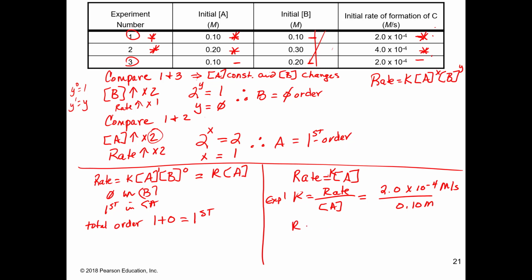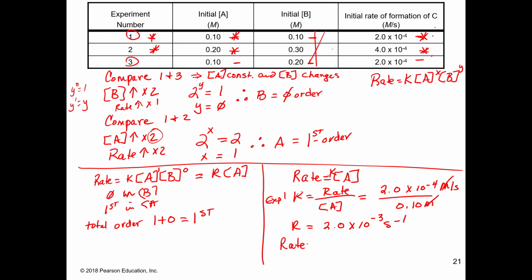So K is equal to 2 times 10 to the minus third second minus 1, because those molarities canceled. And remember, 1 over second is the same as s minus 1. That's where that's coming from.